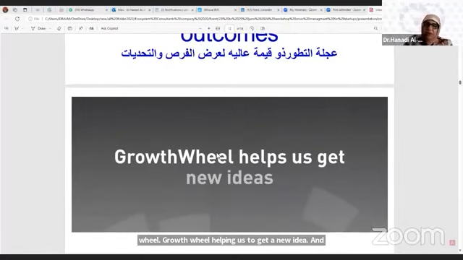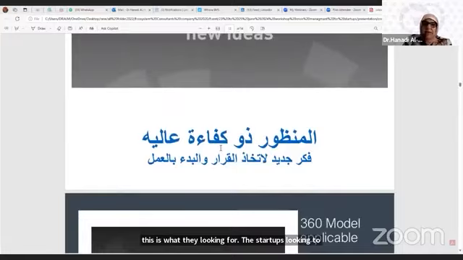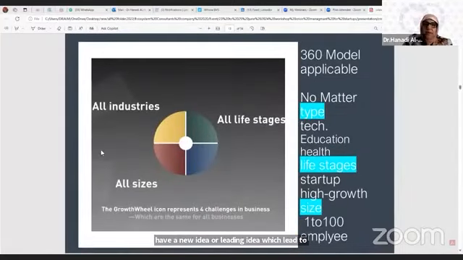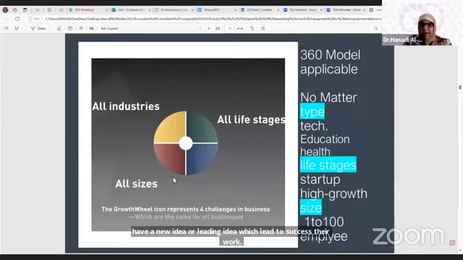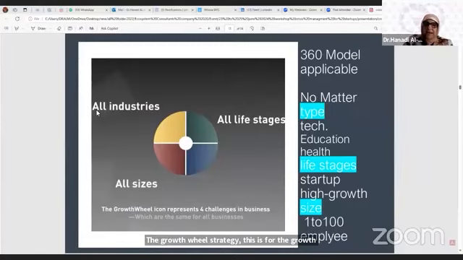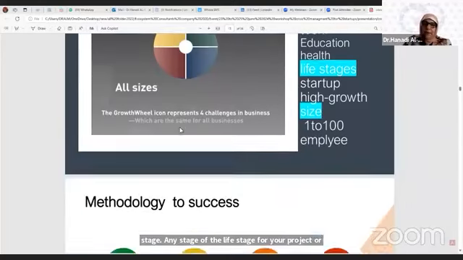Startups look to have a new or leading idea, which leads to the success of their work. We apply the Growth Wheel strategy for crisis management. It's applicable to any industry, any size of project, any stage. It's not important whether it's early stage or any stage of the life of your project or organization. You can apply the 360 model Growth Wheel.